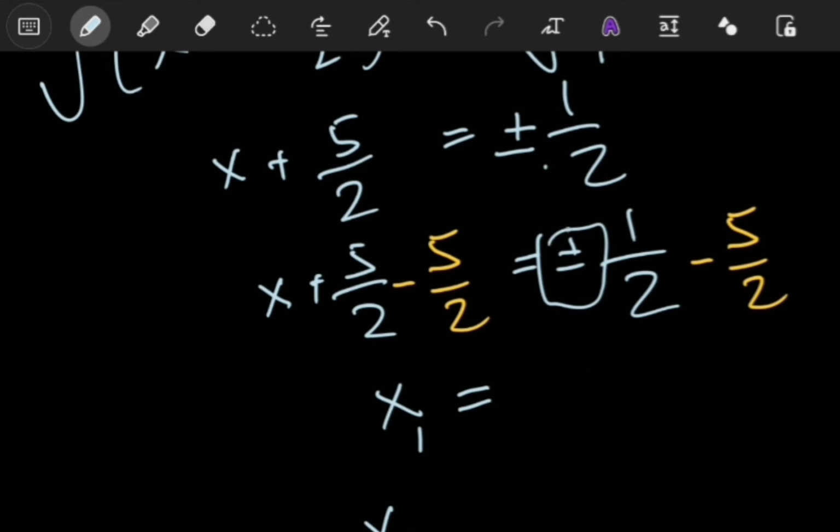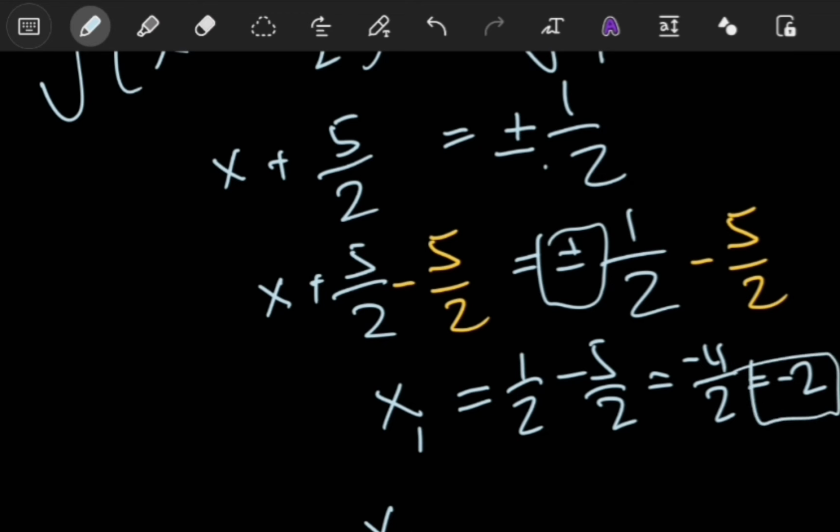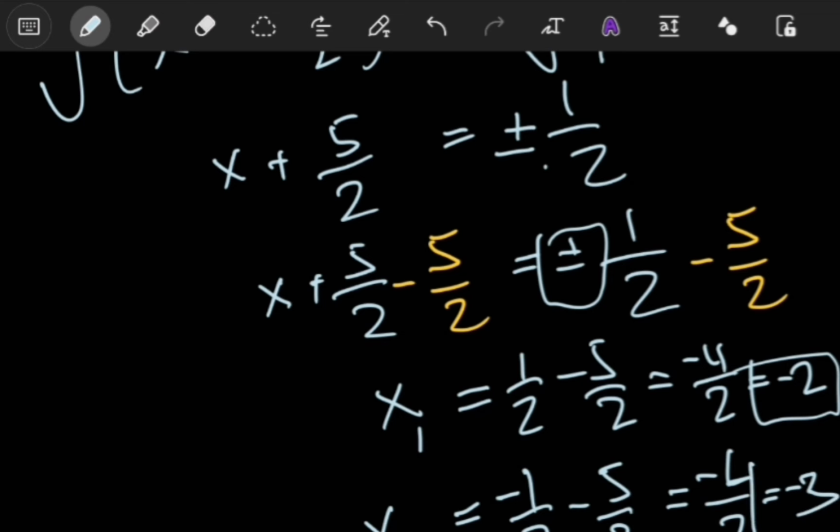If this is positive, then we have 1/2 minus 5/2, and that is equal to negative 4 halves, and that is equal to negative 2. Here, if this part becomes negative, we have negative 1 half minus 5 halves, that is equal to negative 6 halves, and therefore we have negative 3.